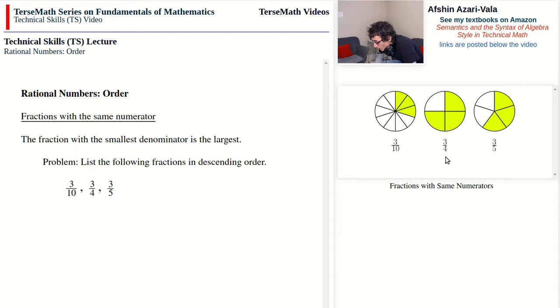So 3/4 is the largest, that's the one with the smallest number in the denominator, 4, followed by 3/5, followed by 3/10. And therefore the answer to the problem that we are working on is 3/4, smallest denominator, this is the largest fraction, followed by 3/5, followed by 3/10.